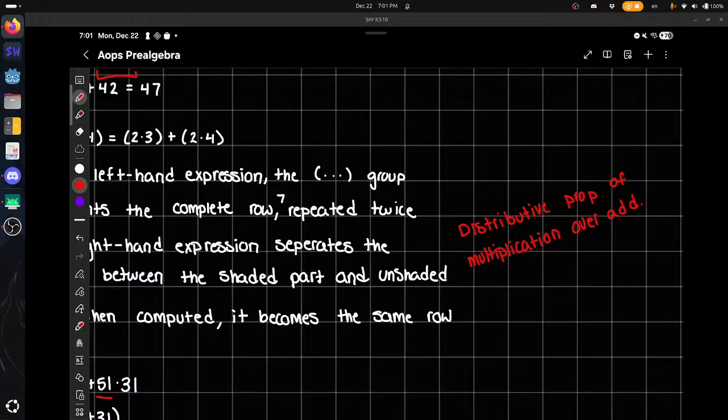Okay. So this is a rule that combines multiplication and addition. This is one of the properties we can use. Okay. So the multiplication is distributed to the 2 parts of the addition.